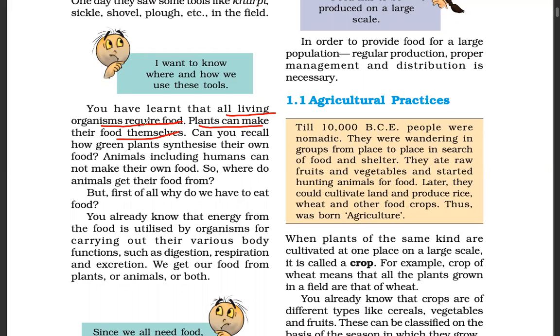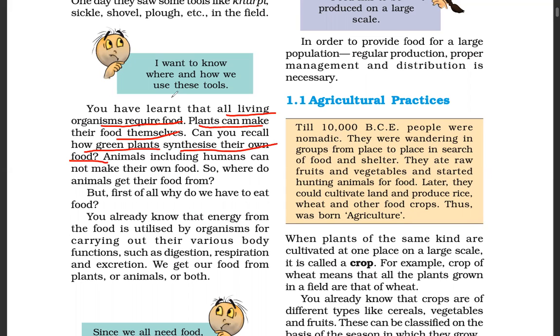It is called photosynthesis. Am I right? If I'm right, just like my video. Yes, plants make their own food by the process of photosynthesis. Can you recall how green plants synthesize their own food?